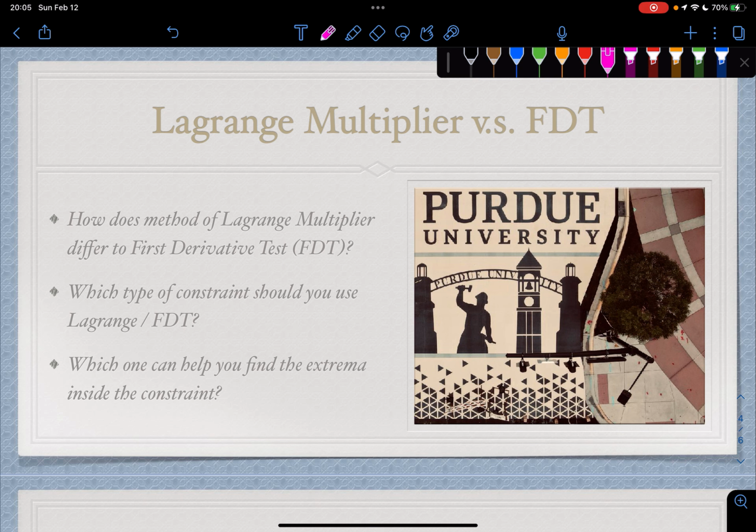The Lagrange multiplier is using the concept of gradients. I'll just call it gradient based. And the first derivative test is kind of gradient too, but it's more about plug and check at critical points or at important locations of the points.